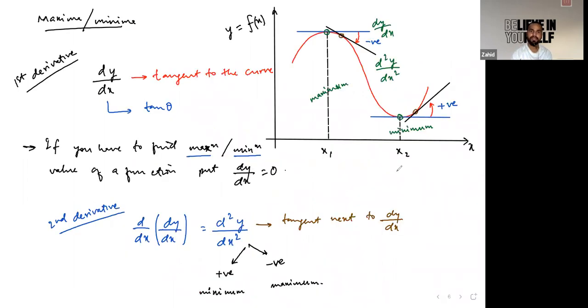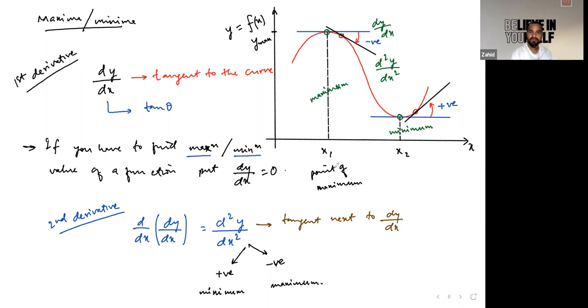Like in this part, let's say at this particular point x1, the graph has its maximum value. So we can say x1 is the point of maxima, or point of maximum value for y. The value of y at this x1 would be at this point, so this will be your y maximum.